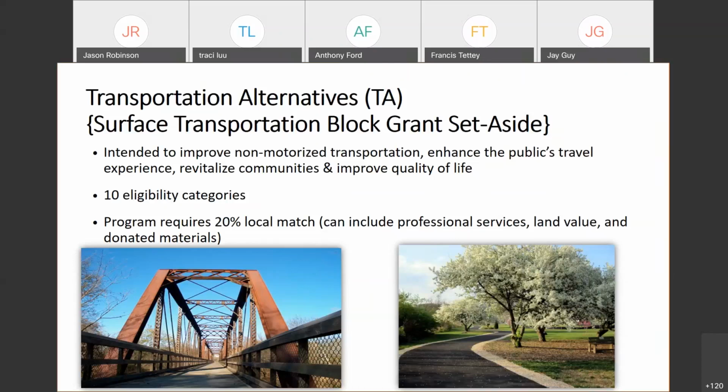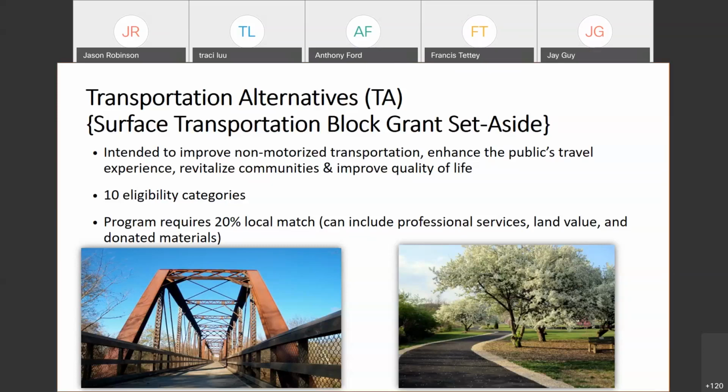So again, under the TA program, it's not your typical highway construction projects. You'll see there on the slide, it's a lot of times non-motorized transportation, enhancing the public's travel experience, revitalizing communities. There are a number of eligible categories that fall under the TA program, and I would encourage you guys to reach out to your district staff to see if your potential project falls into one of those.